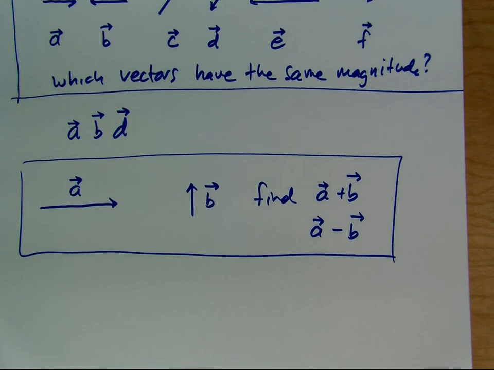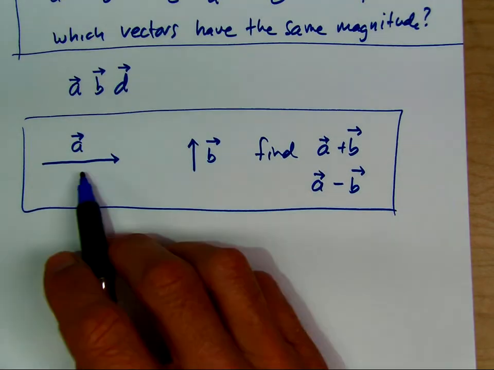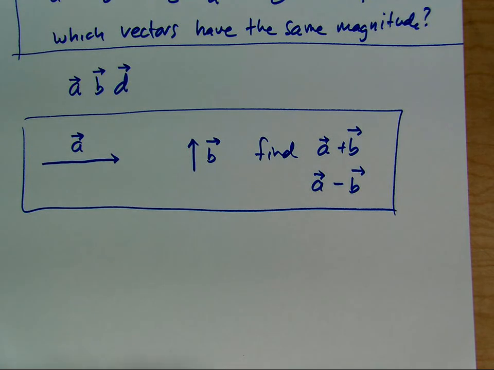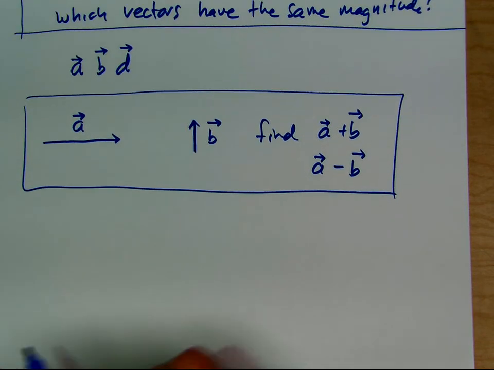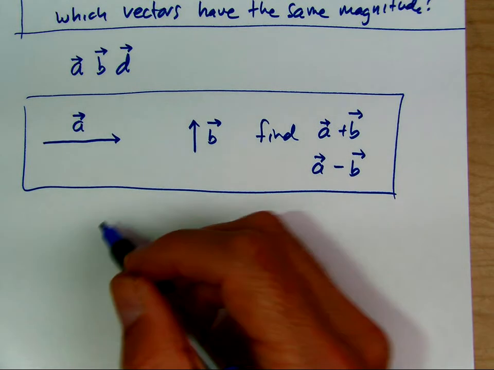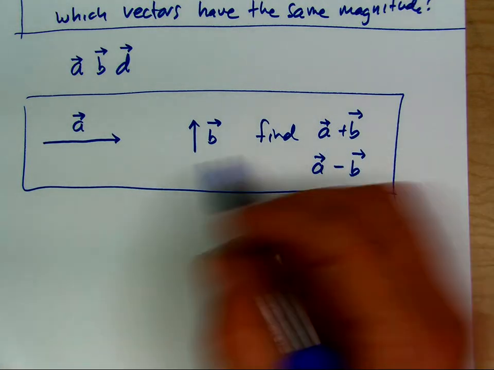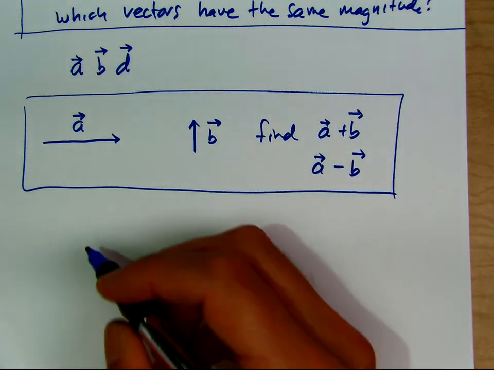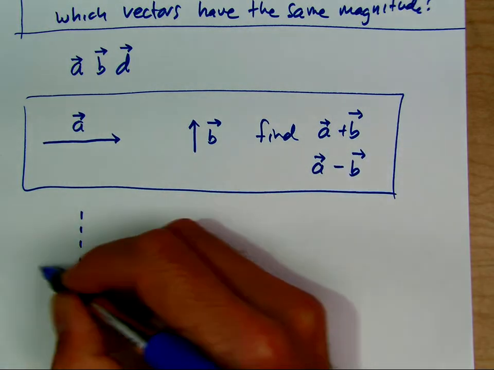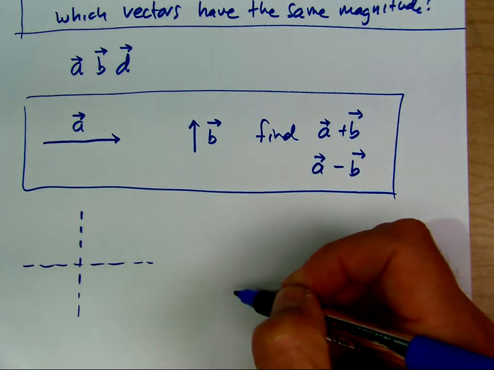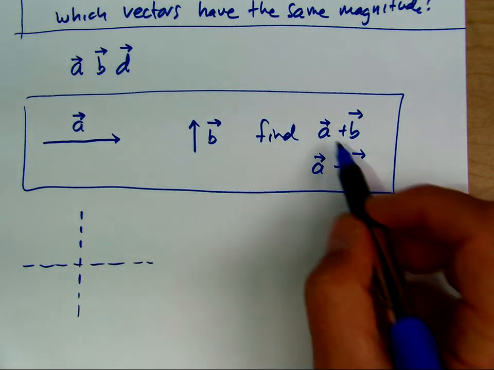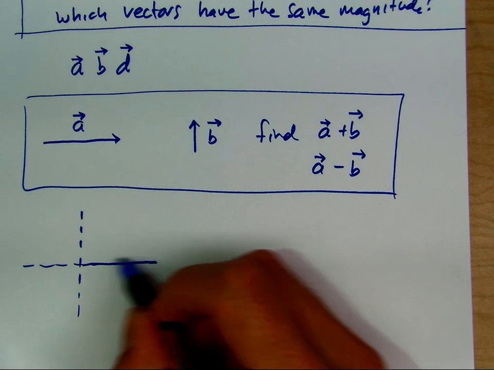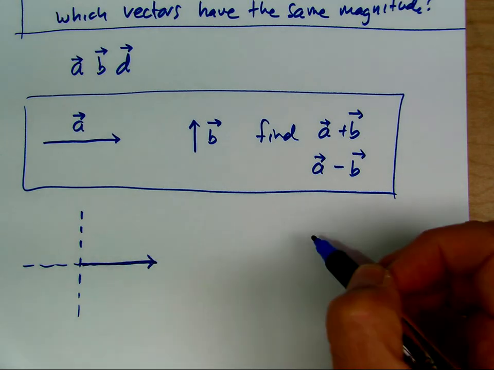You just have to estimate the lengths of these, but you're going to definitely get the right direction. So now we have a graphical representation of vector addition. To get A plus B, we can just draw A, and at the end of A, draw B. So we want A plus B, so I draw A and get about the same length, the same magnitude.